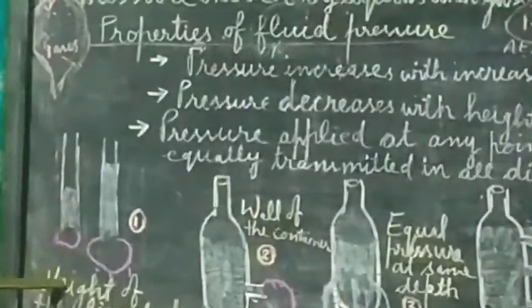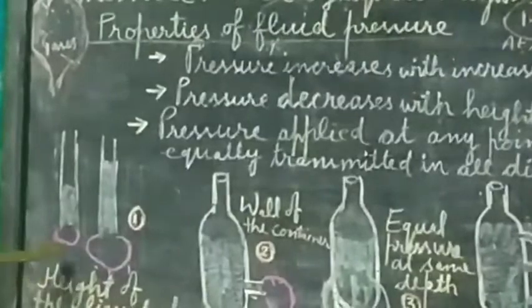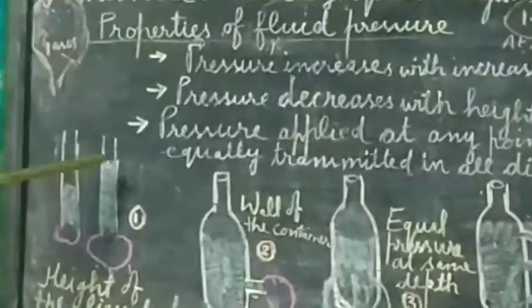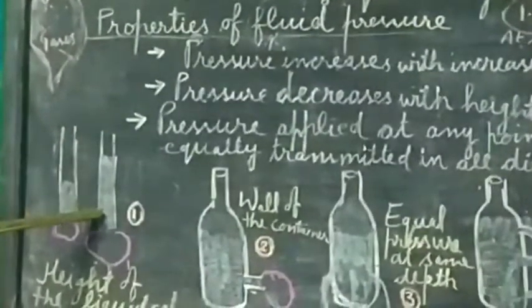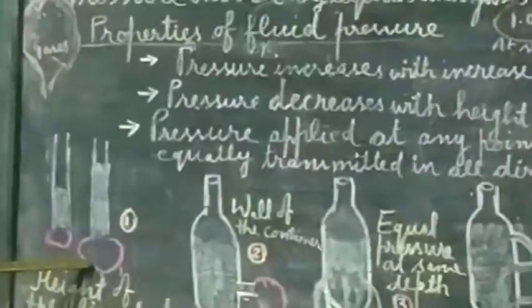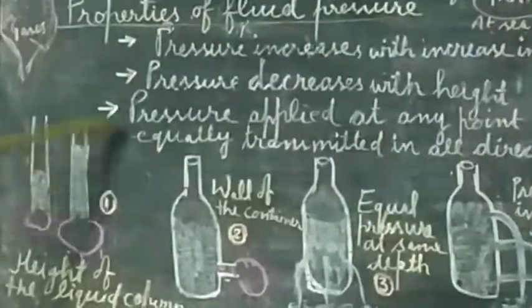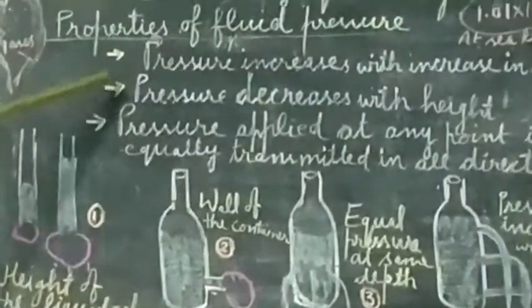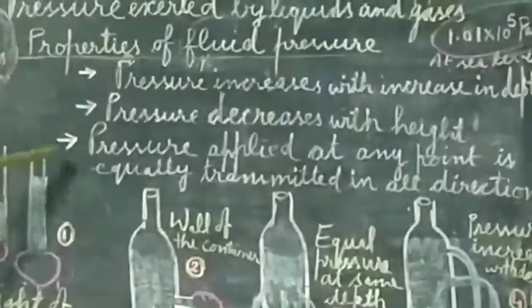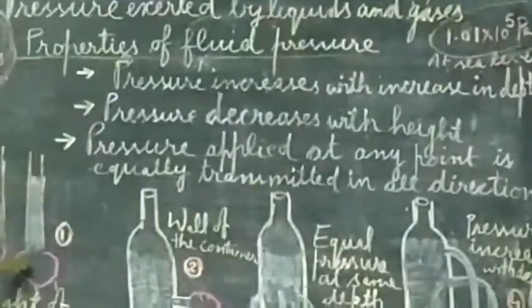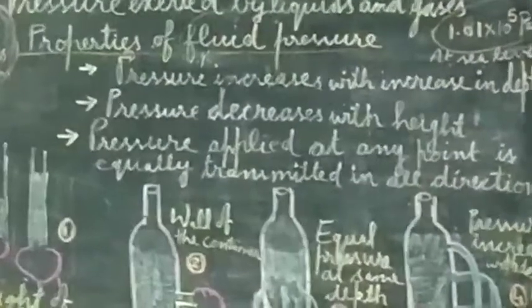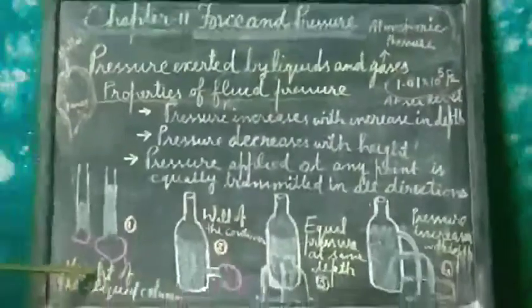We will repeat this activity using different liquids. This shows that the pressure exerted by a liquid at the bottom of the container depends upon the height of the liquid column. Here we are talking about liquid pressure, not gases.